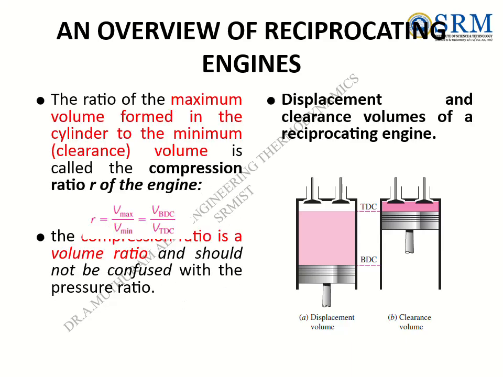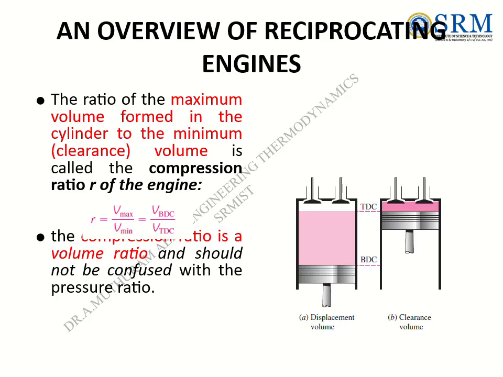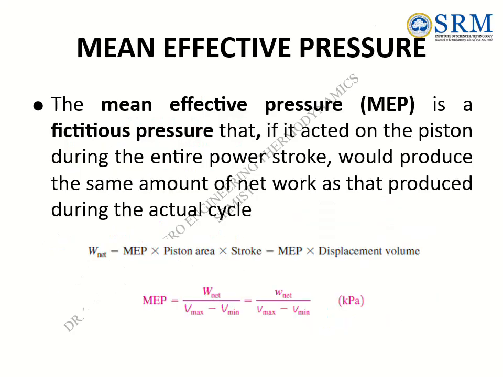The ratio of the maximum volume formed in the cylinder to the minimum clearance volume is called the compression ratio r of the engine. The compression ratio is a volume ratio and should not be confused with the pressure ratio. The mean effective pressure, MEP, is a fictitious pressure that, if it acted on the piston during the entire power stroke, would produce the same amount of net work as that produced during the actual cycle.